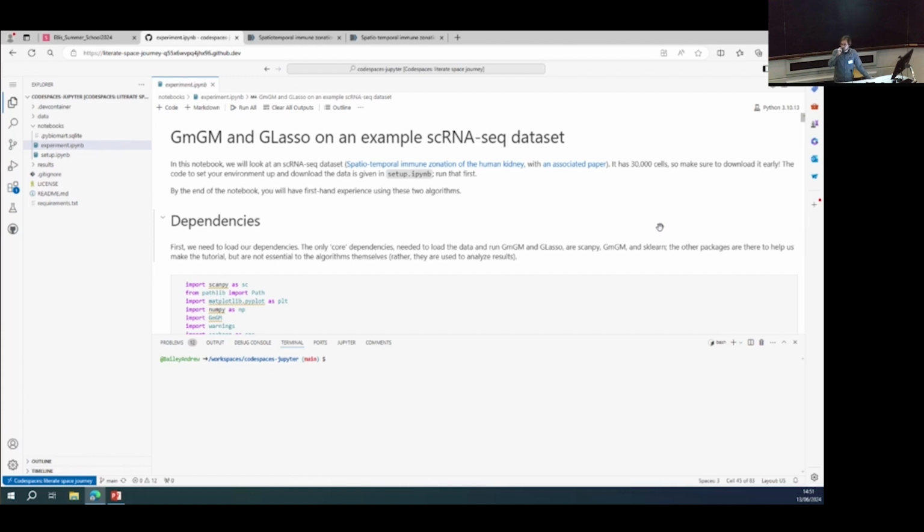So setup will download the data, and that should just take 2 minutes, hopefully.